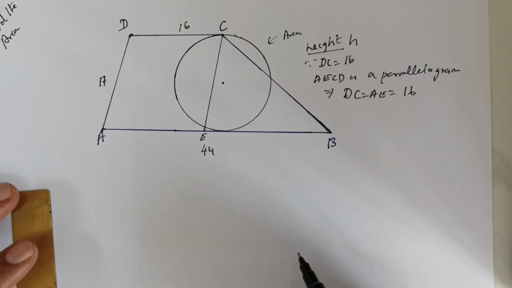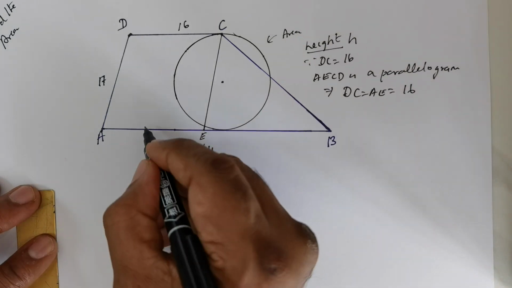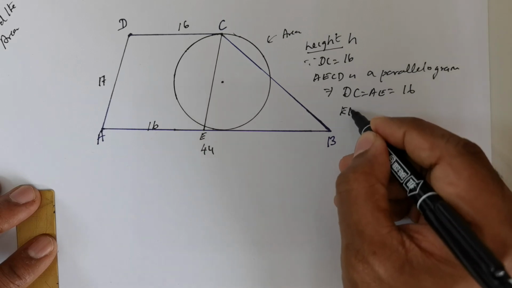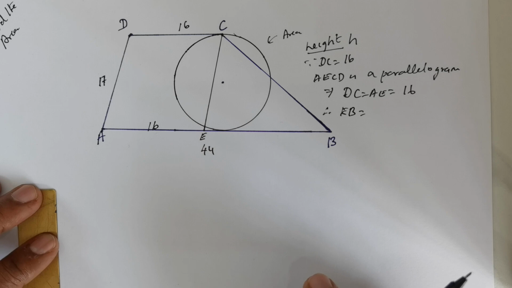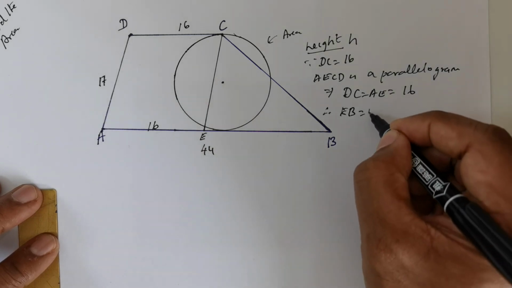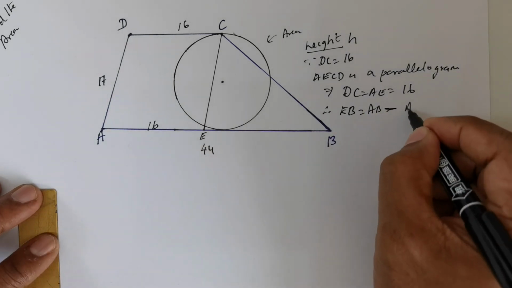right? So AE is 16 units now. Let me place that. Now I want to get EB. So therefore my EB is going to be AB minus, from AB I take away AE.